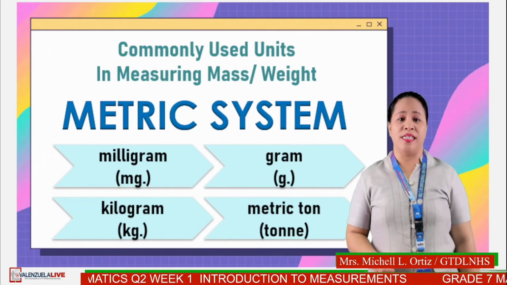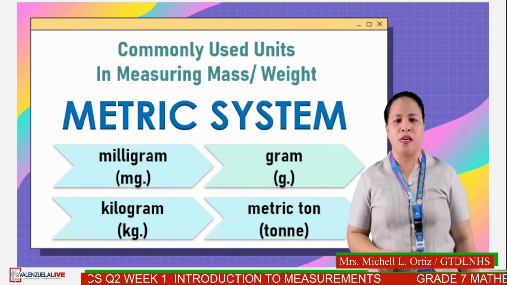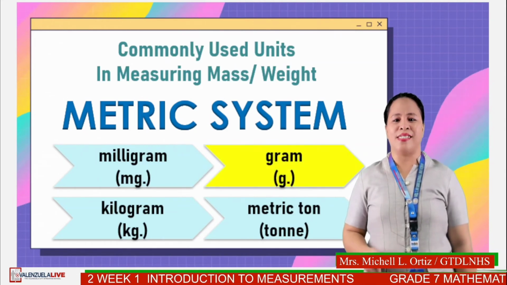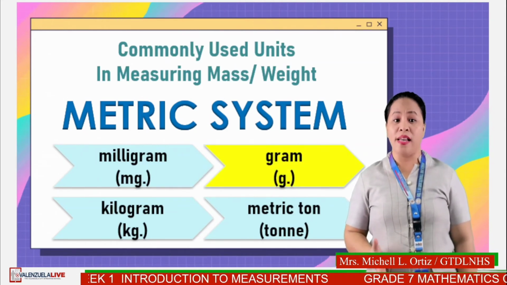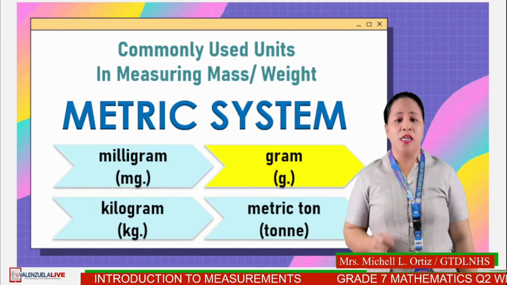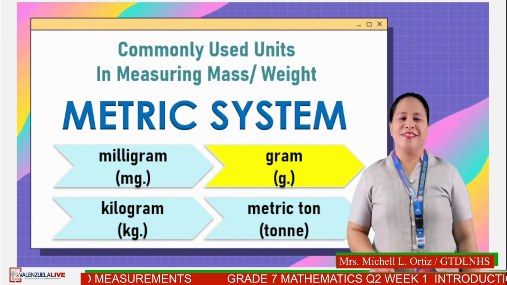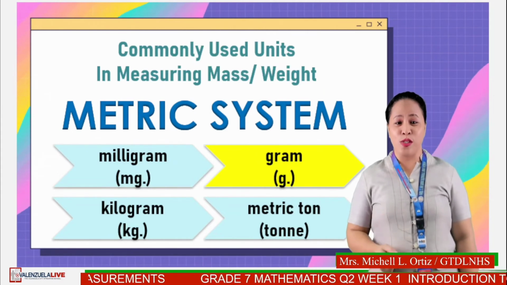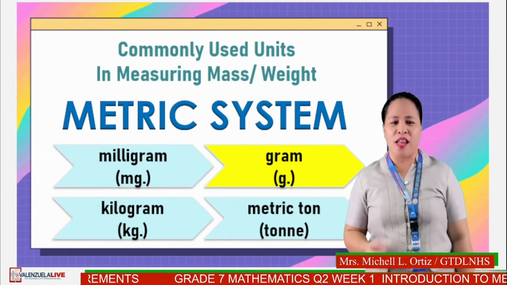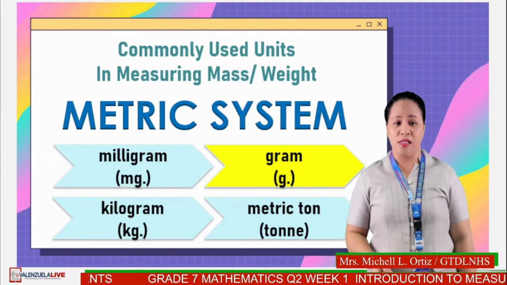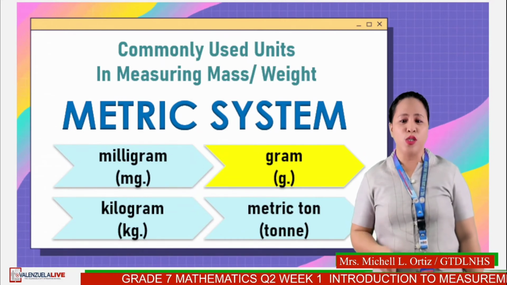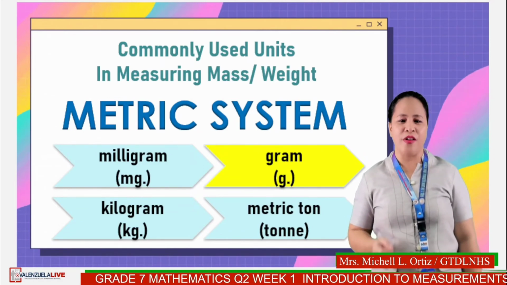Take note that in the metric system, the basic unit of mass is gram, while in the SI system, the basic unit of mass is kilogram. Milligram is used for weighing small amounts. Ton or metric ton is used for weighing very heavy objects.